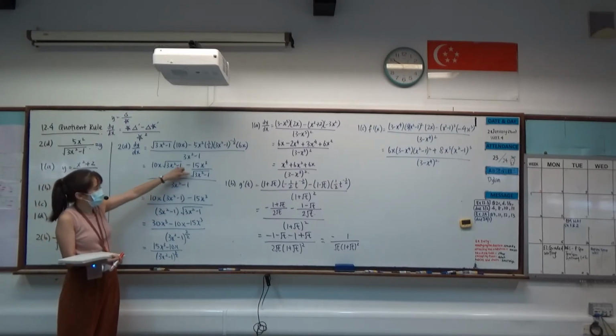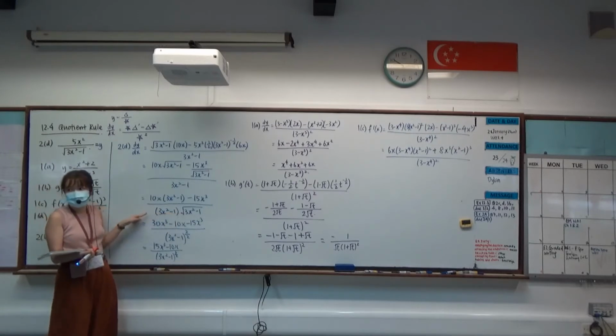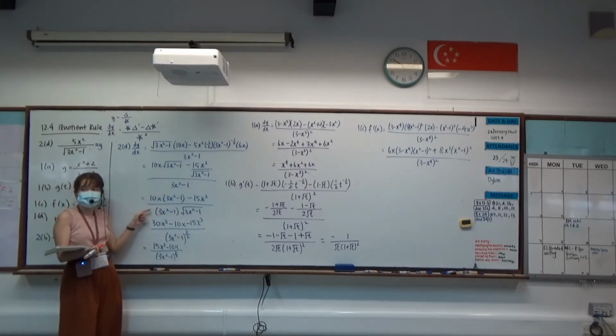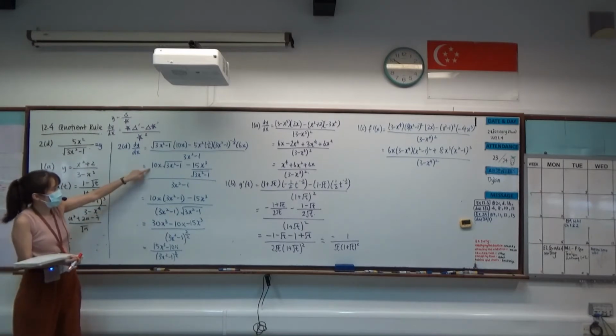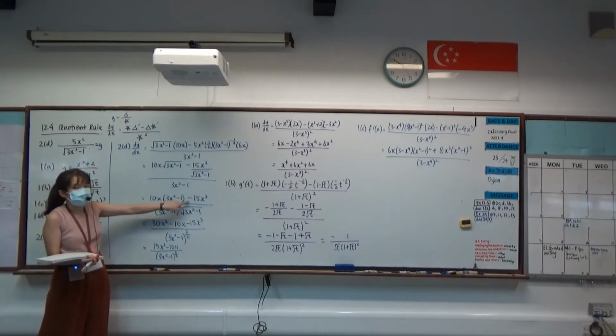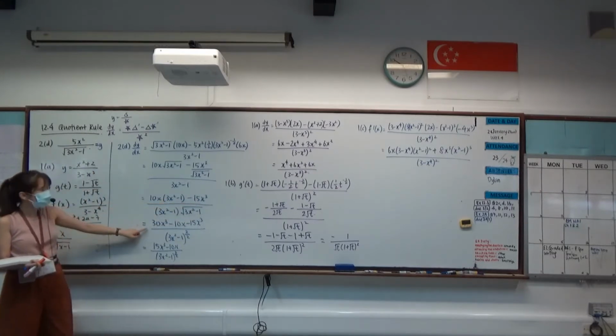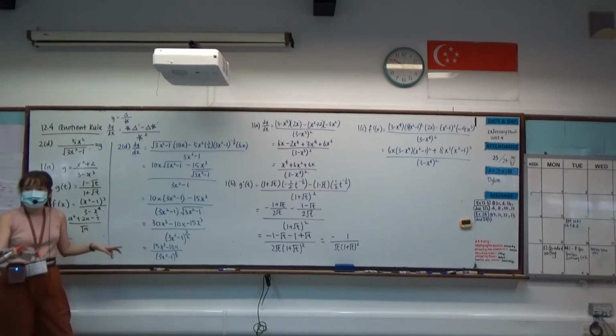Then the denominator I combine with the one over here, the main fraction's denominator, and multiply them together, because of the concept that I shared the other day. Therefore at the numerator itself, I will have 10x times 3x squared minus 1 minus 15x cubed. Then I expand and simplify, and I get 15x cubed minus 10x over 3x squared minus 1. Okay, am I right?